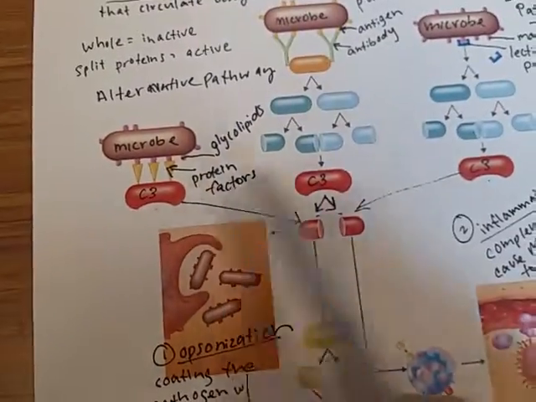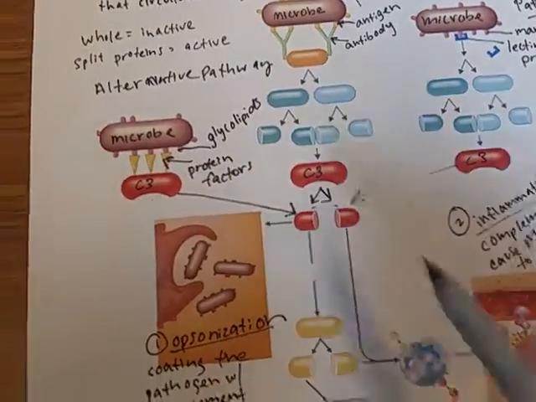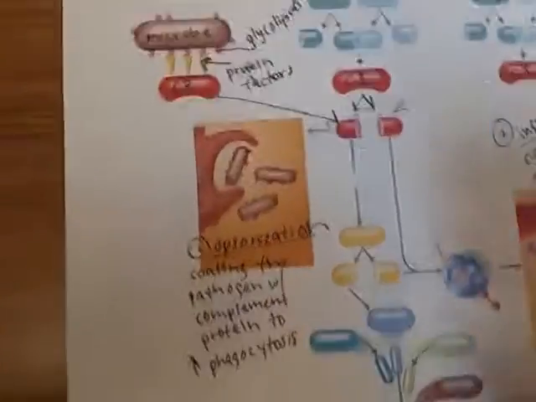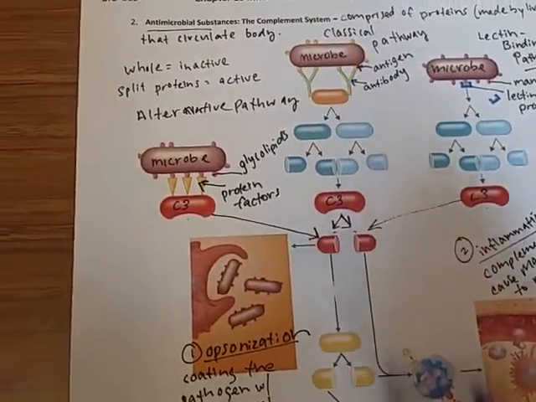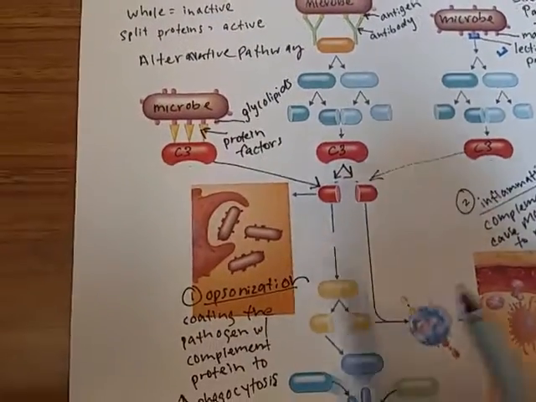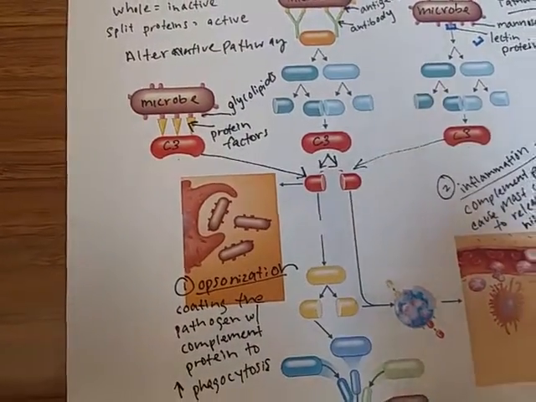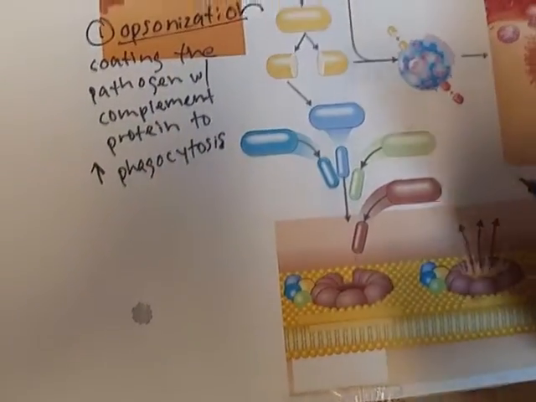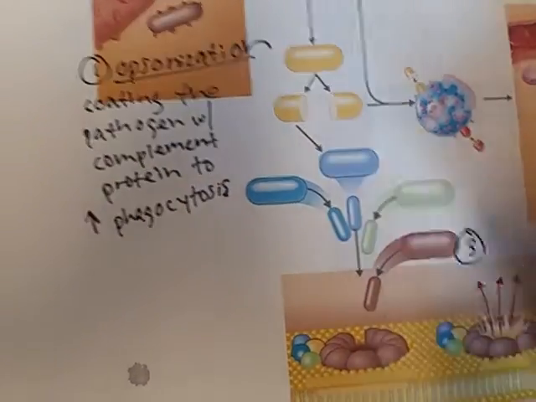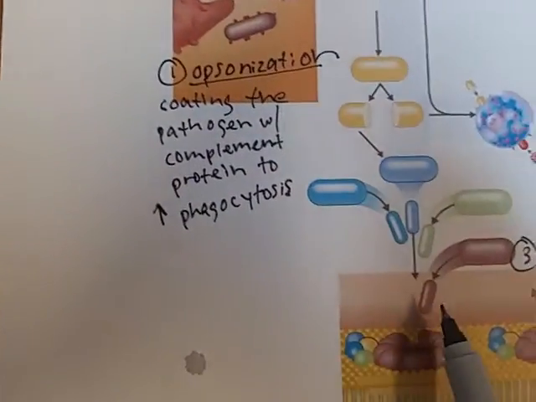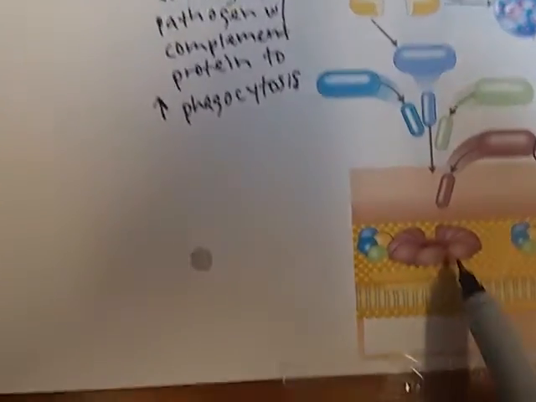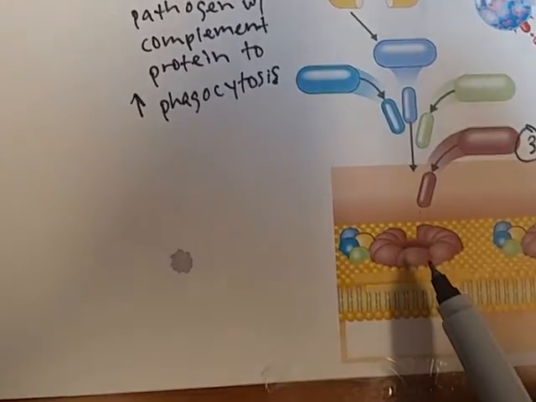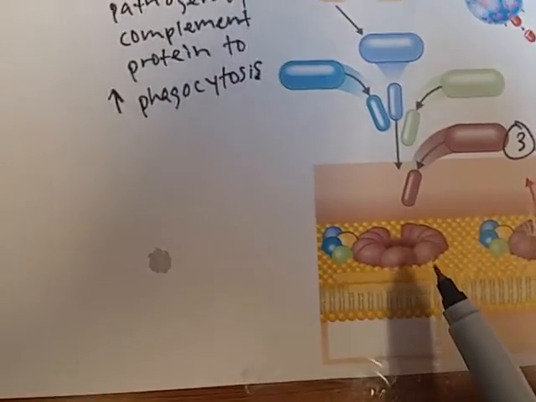All right, so we said we have 3 ways to activate the complement system. So what's the third result of activating the complement system? So the last thing we can do is down here at the bottom. We can get these complement proteins to form this, it's called a membrane attack complex.